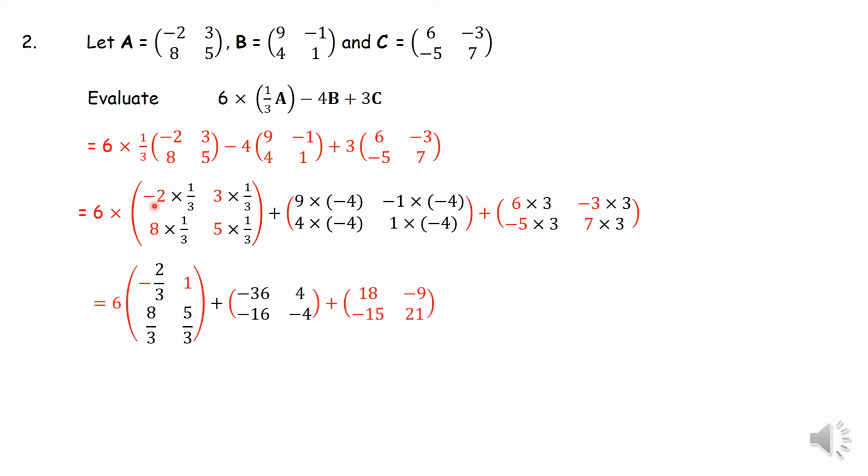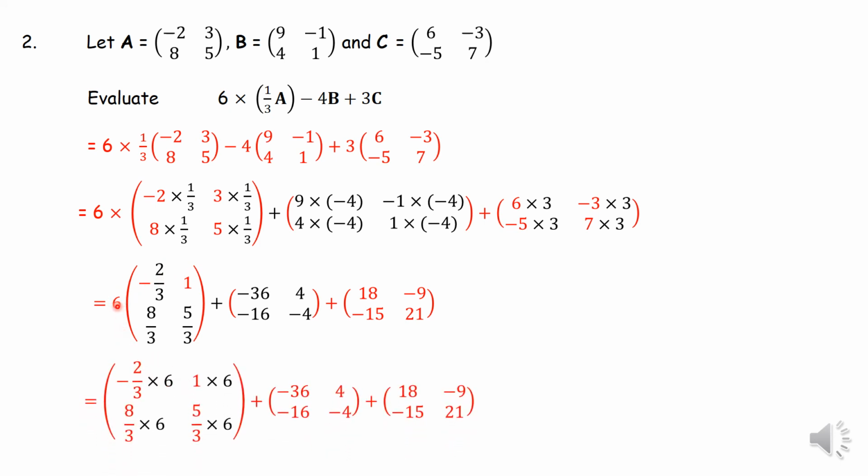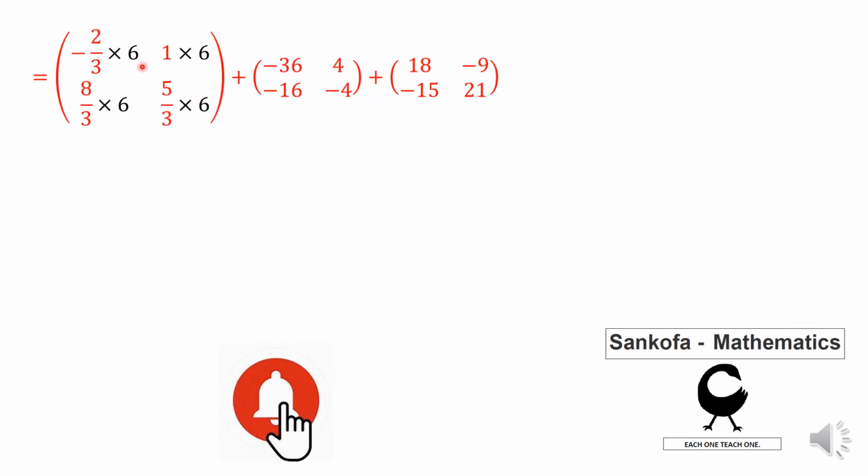Now if you do the first part, rather leave your answers like this as a fraction, because you are going to multiply again by that quantity, that 6 there, that scalar. Eventually, you should get to solve the matrix. Like in this case, negative 2 over 3 times 6.